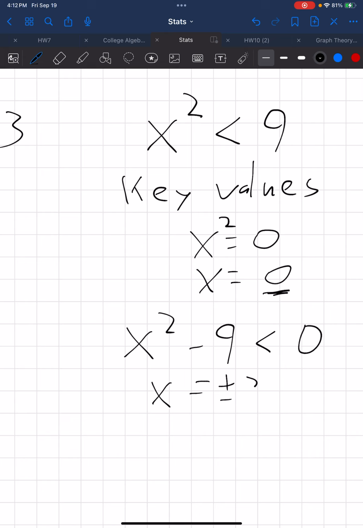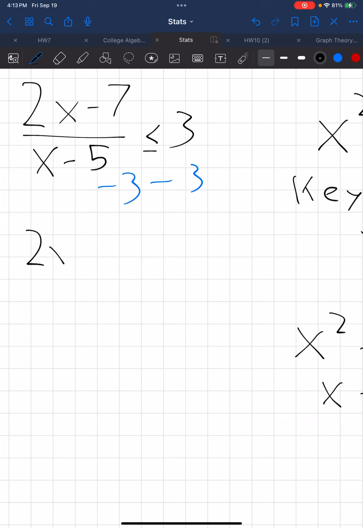So the key value approach only really works if we're setting it equal to 0. That means we're going to subtract 3 from both sides of this equation.